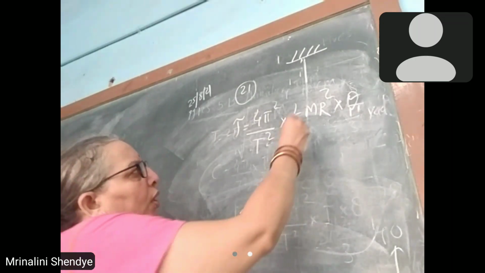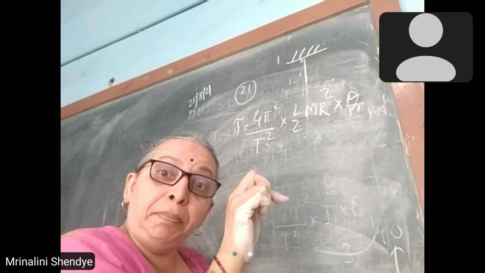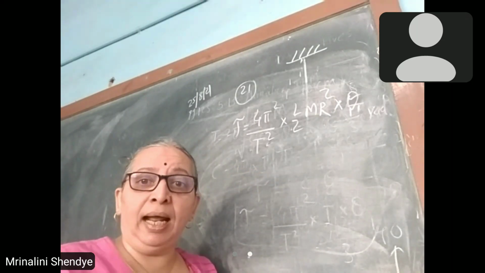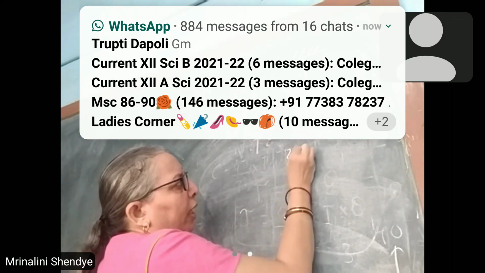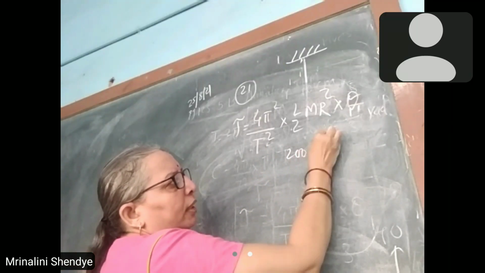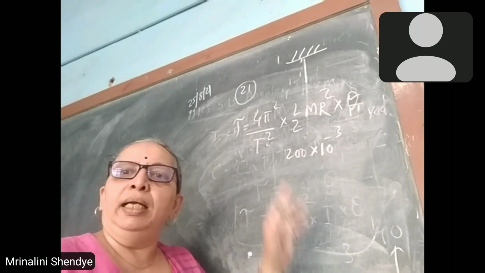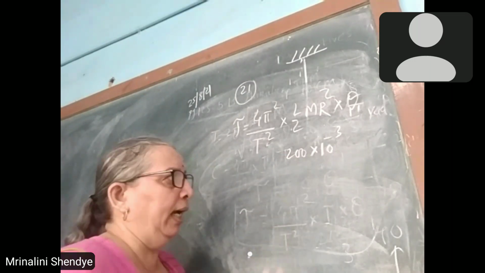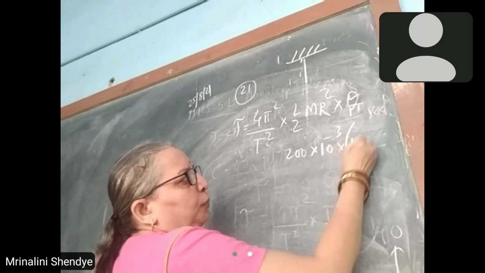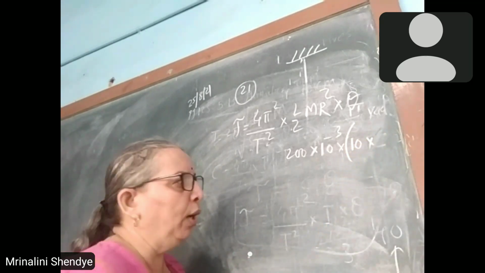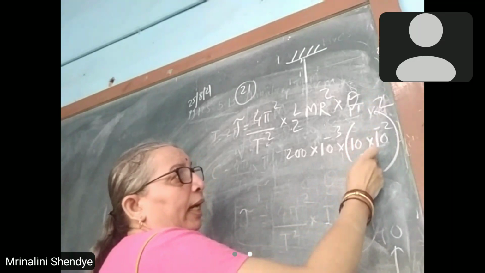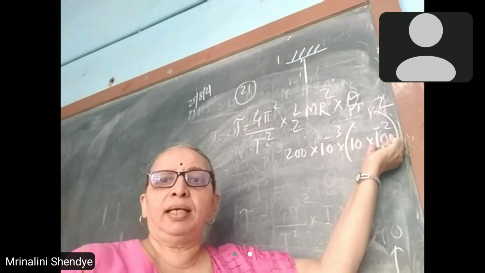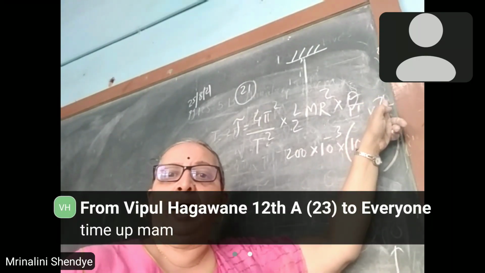So m in किलोग्राम नहीं लेना है, ग्राम दिया हुआ है. तो when substituting the value of m, you have to multiply it with 10 raised to minus 3. रेडियस 20 नहीं लेनी है, 10 लेनी है. So रेडियस भी सेंटीमीटर में है, तो you have to convert it in meter and then you have to take its square. So ये फैक्टर का भी स्क्वायर आ जाएगा.